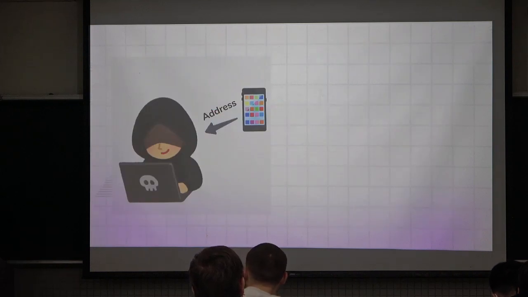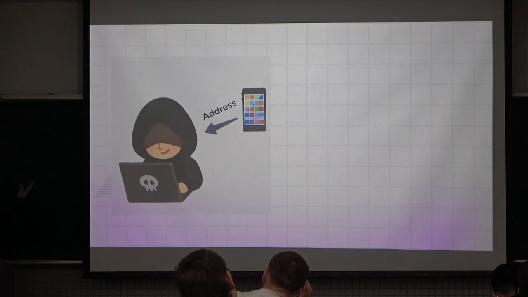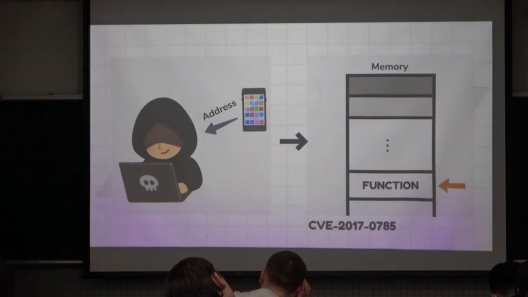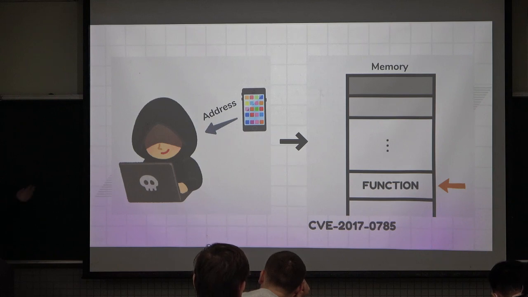Firstly, hackers have to know the address of the target. Many users always leave their Bluetooth enabled, so attackers can scan and get the device's MAC address. When they get the address, they will use the 07A5 vulnerability to extract crucial information from the device's memory, including essential pointers.